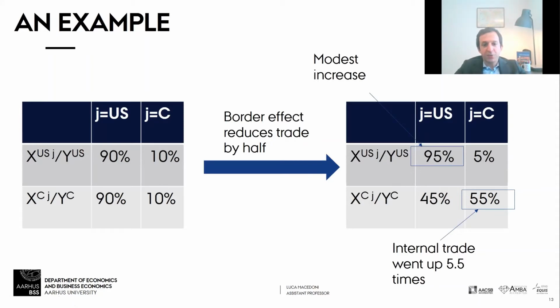So this is sort of what McCallum found, right? McCallum found that internal trade in Canada was very, very affected by the border, whereas the internal trade in the US was only minorly affected.